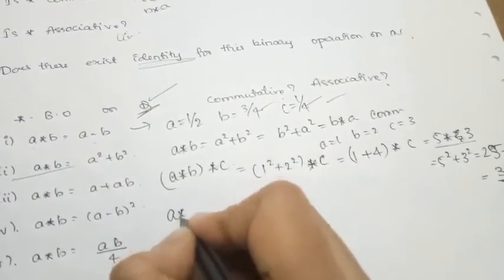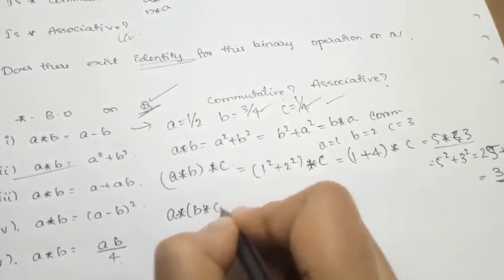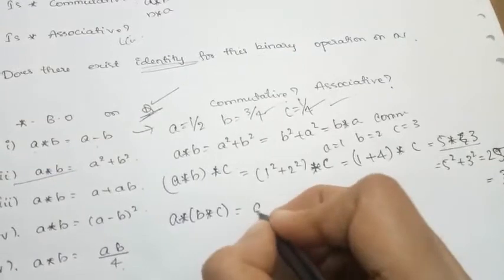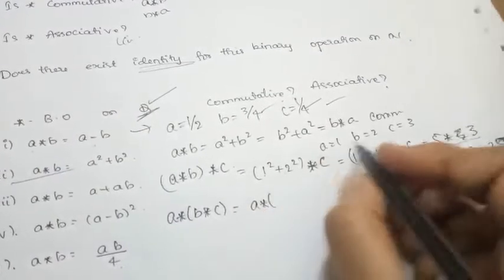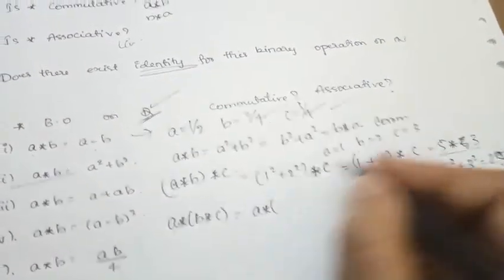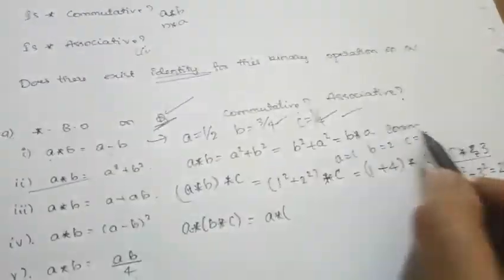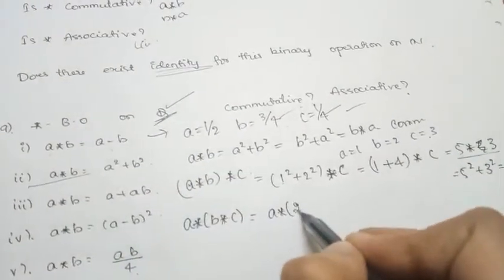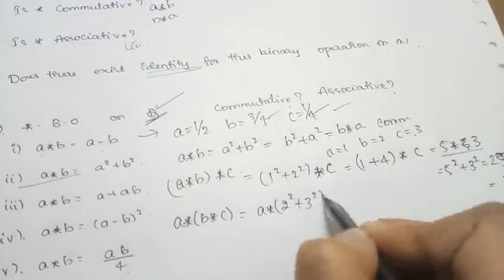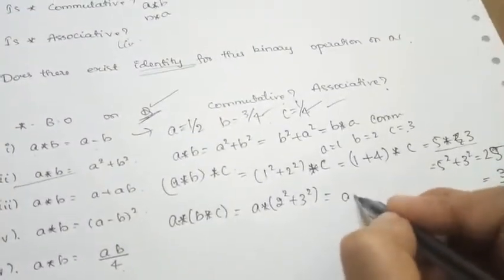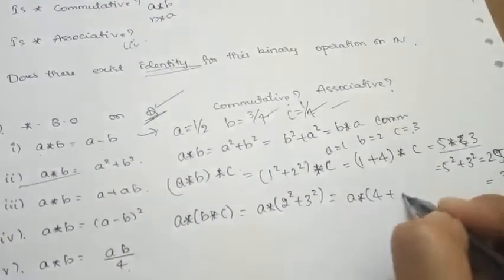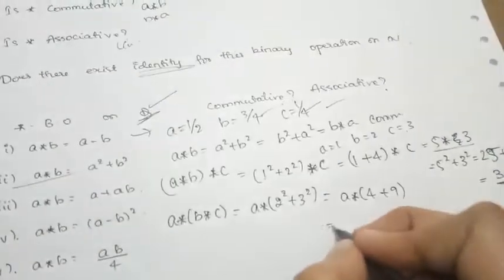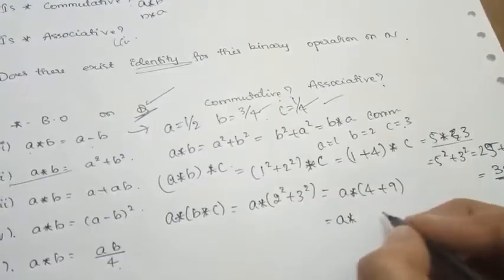Now let us look into the RHS, that is A star B star C. What is B star C here? B value is 2, C value is 3. So 2 star 3 means what? It is nothing but 2 square plus 3 square. 2 square is 4, 3 square is 9. So what is 4 plus 9 we are going to get?